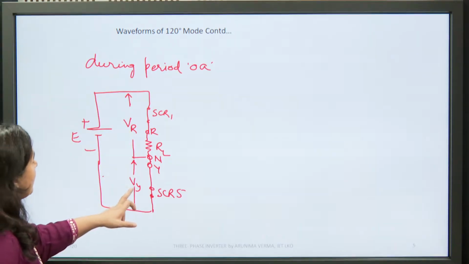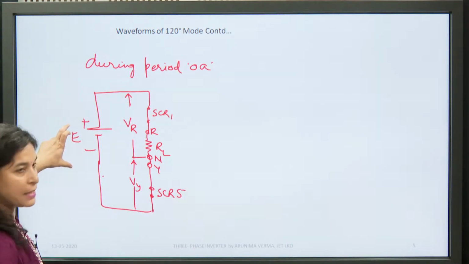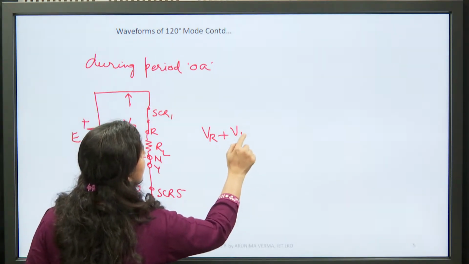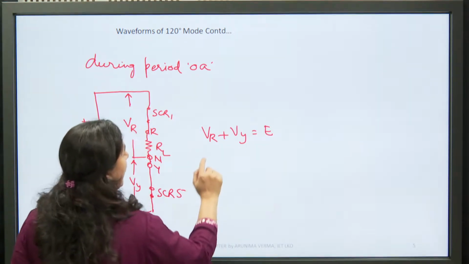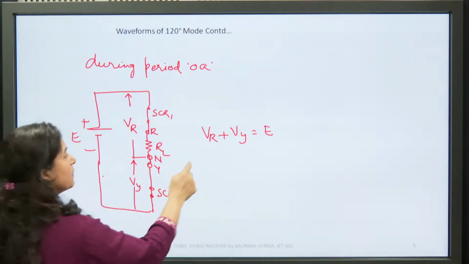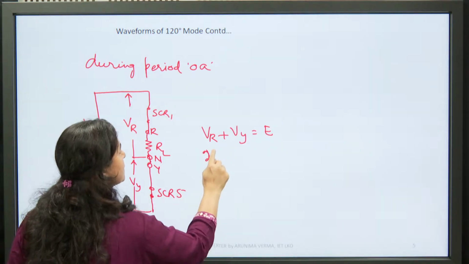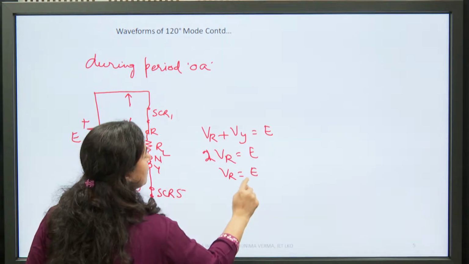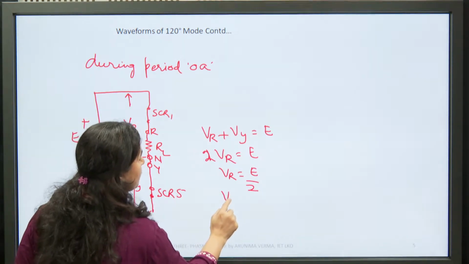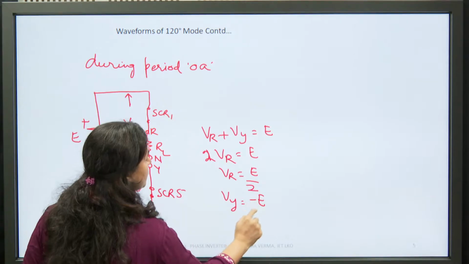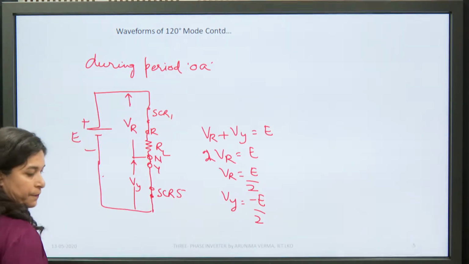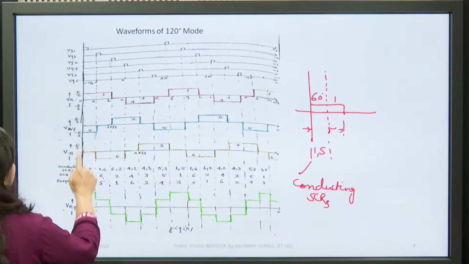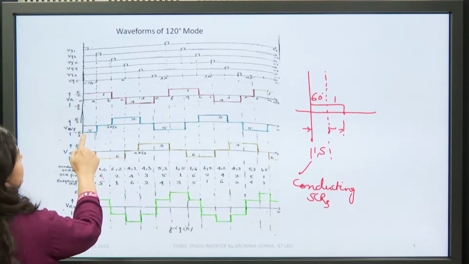Now, this VR and Vy together are facing E voltage, supply voltage E. So, VR plus Vy is equal to E, and since in a 3 phase balanced supply load we have VR equal to minus Vy, we can say that VR is E by 2, and similarly Vy will be minus E by 2 during this period. Okay. As you can see here, VR is E by 2 and Y phase voltage is minus E by 2.